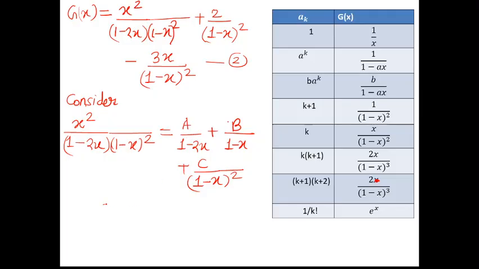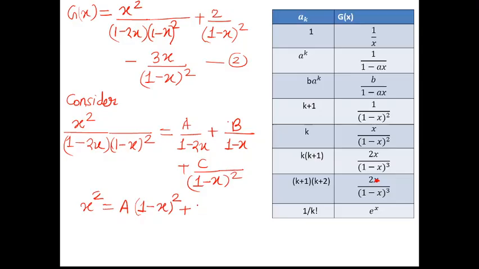Now, while applying the method of partial fraction, we have x square equal to a into, now the denominator should be this one. This already has 1 minus 2x, so a will get multiplied with 1 minus x whole square.